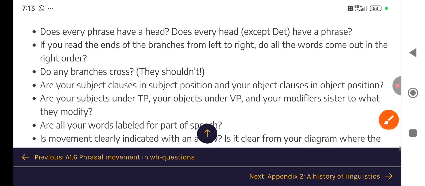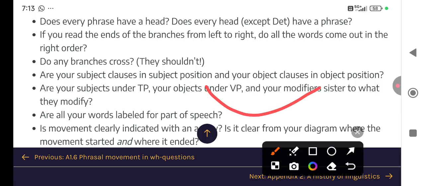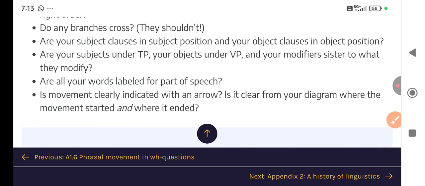If you read the ends of the branches from left to right, do all the words come out in the right order? We have to check. Then, do any branches cross? They should not. Branches should not be crossed.